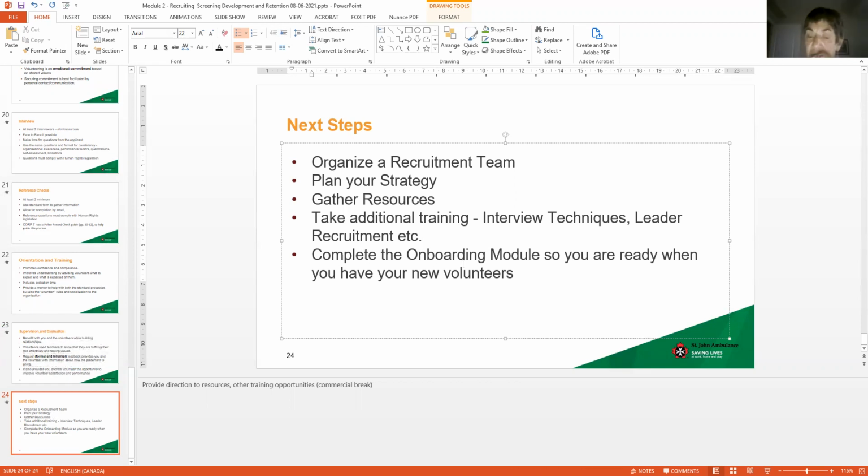So get rid of some of those words. To prepare for your new volunteers. Get rid of all those words. You see, less is better, really.